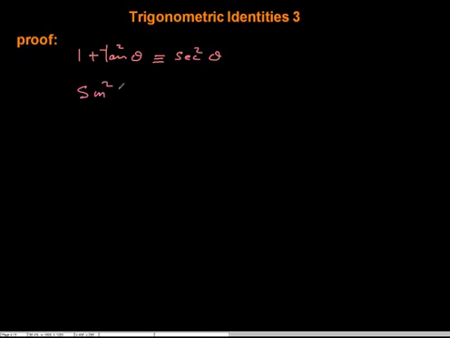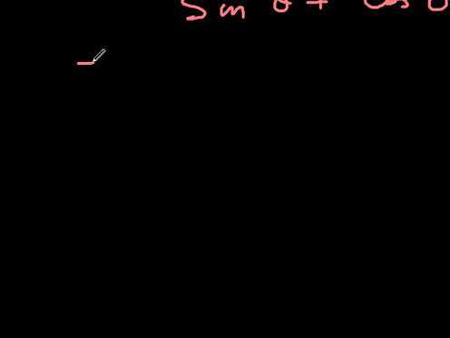I will start with sine squared theta plus cos squared theta equals 1, an identity, so it has to be equal to 1. Because I need to make tan squared, I need to divide all these terms by cos squared, because sine squared theta over cos squared theta will make tan squared. So I divide everything by cos squared.